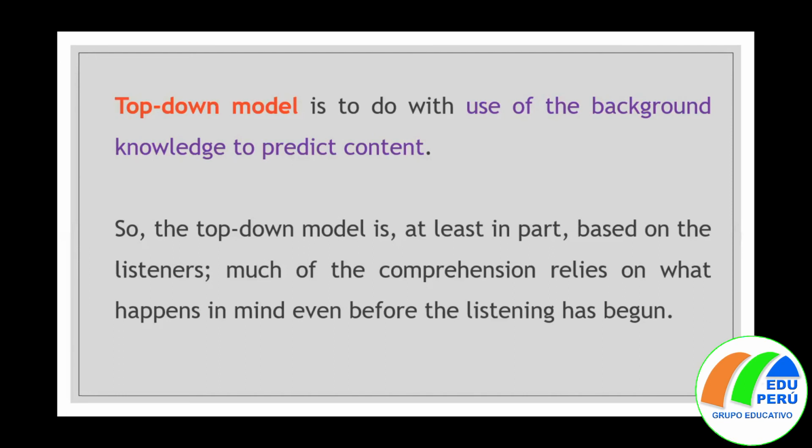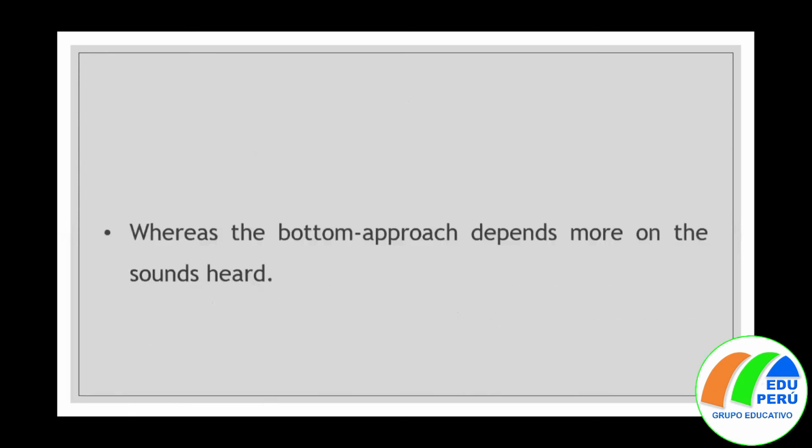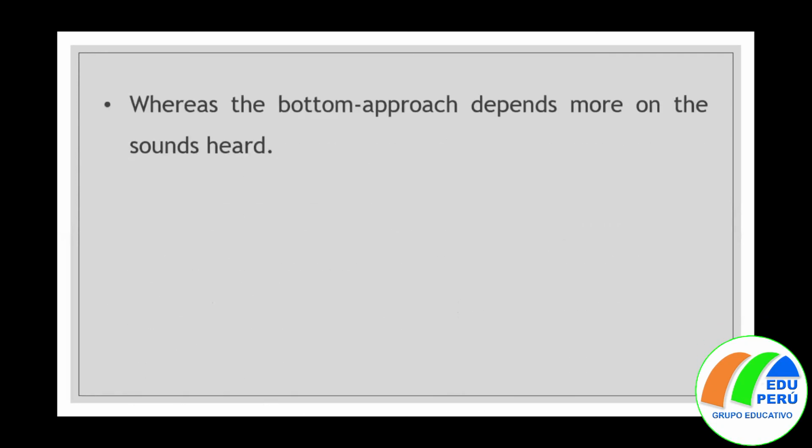Your background knowledge or prior knowledge or your schemata. Whereas the bottom-up approach depends more on the sounds heard. Sound meaning, oh yeah, 7, it means a quantity, no? Oh yeah, 7 dogs.